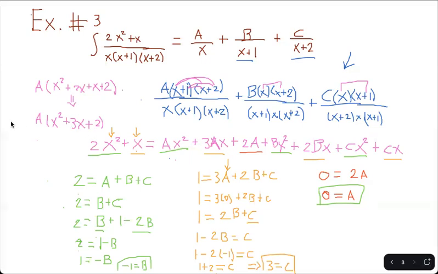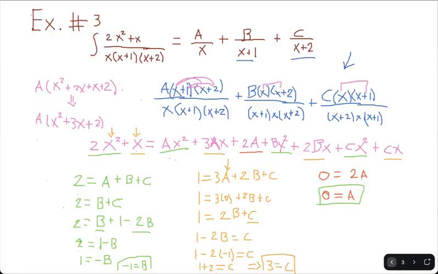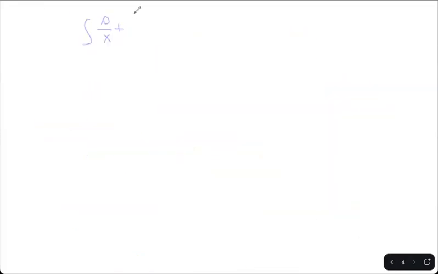So we got the integral of 0 over x plus negative 1 over x plus 1 plus 3 over x plus 2. Are there bounds? No, there's no bounds.